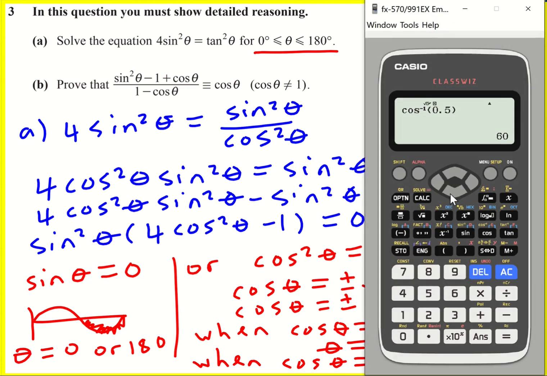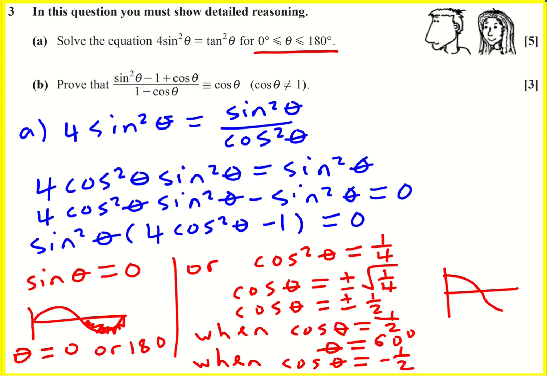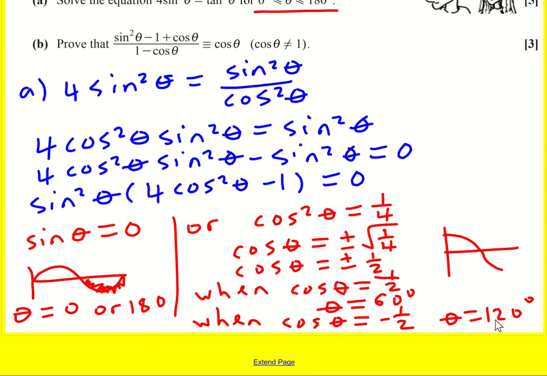Okay, I'm not going to try and guess what that one is for the moment. So we get 120. And those are all the answers. So overall, theta equals 0, 60, 120, or 180.